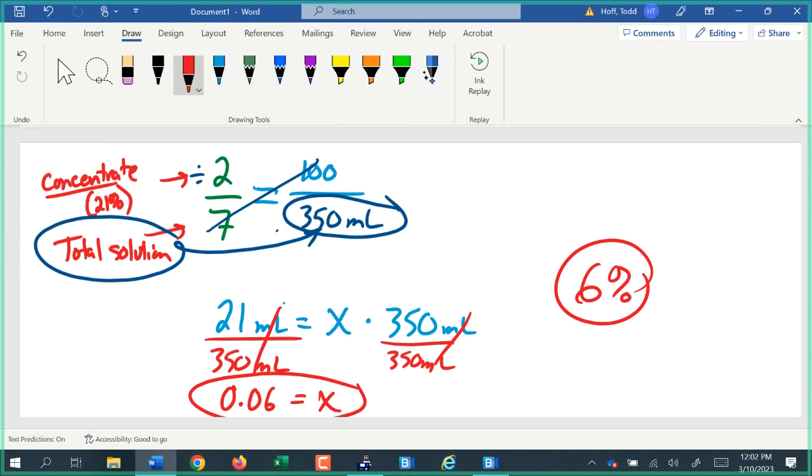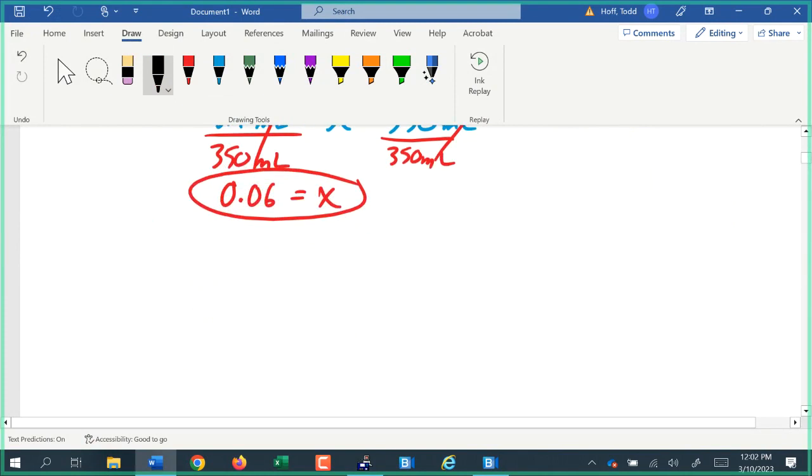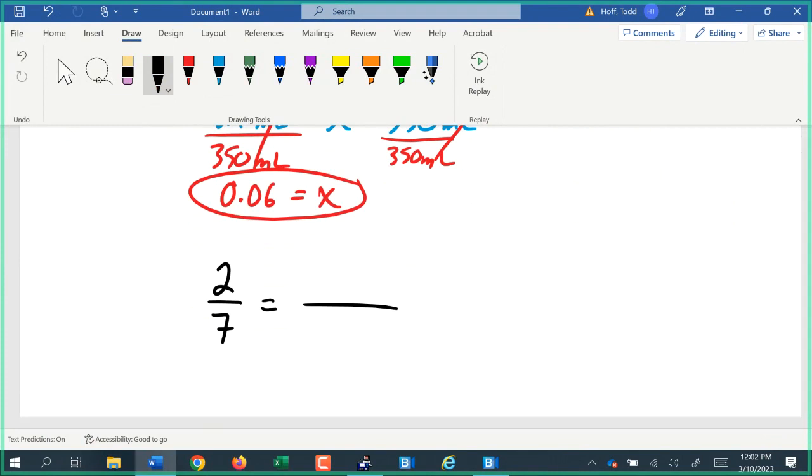So again, that wasn't terrible to do. We could find that new concentration using that solution concentration formula. But there's shortcuts. We don't have to go through that amount of work. Remember, this is a 2 in 7 dilution. That's going to be equal to the ending concentration over the starting or beginning concentration.